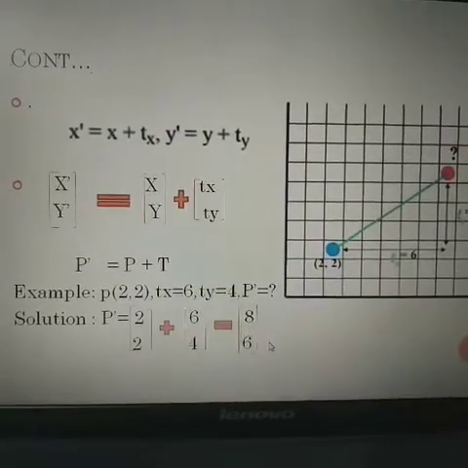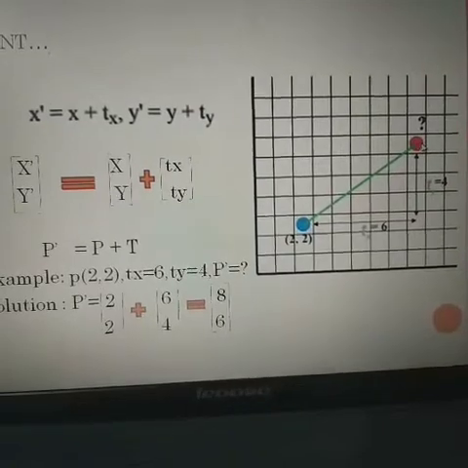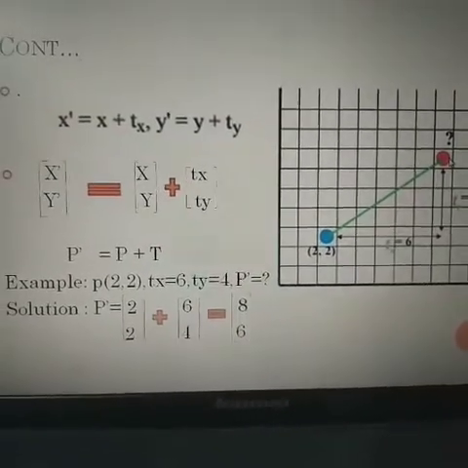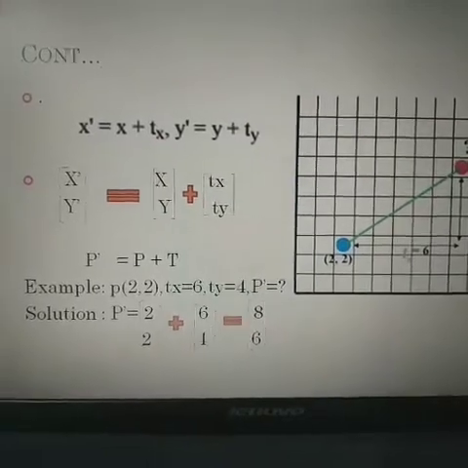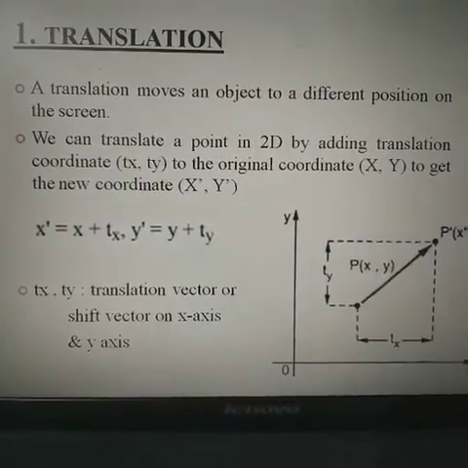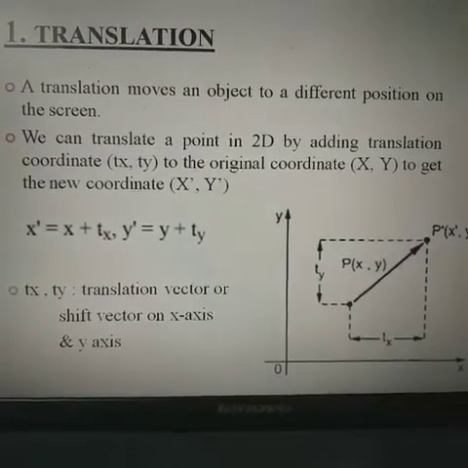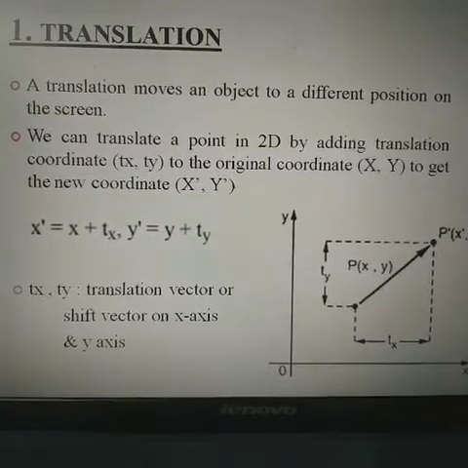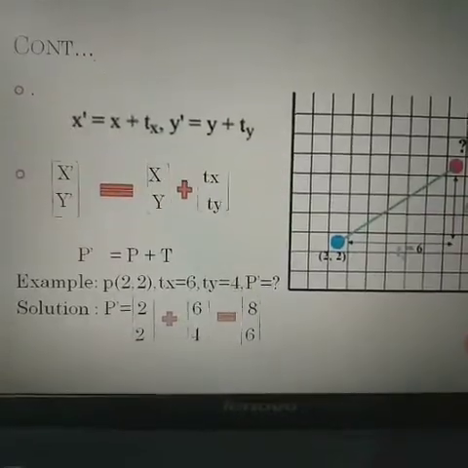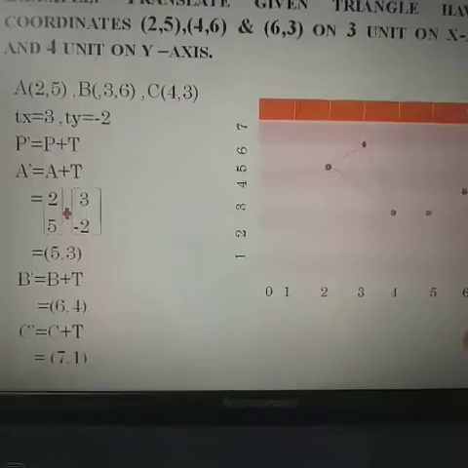That is the new point, 8 comma 6. This is the simplest transformation and easy to calculate. We have to know the original points and the translation vector, how much translation on the x-axis and the y-axis, and we add those values and get the new points.